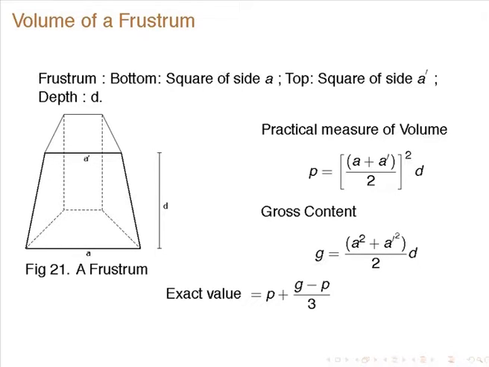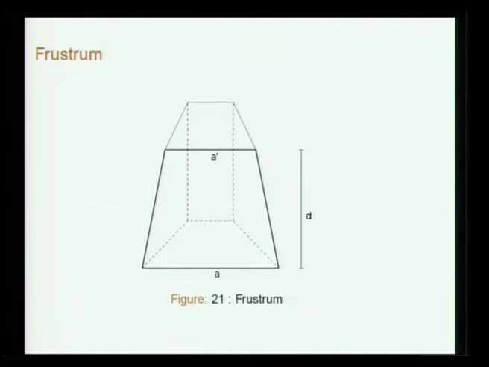Essentially you are averaging the sides, then taking the square and multiplying by the depth, whereas in the next you are averaging the areas, area of this is A squared, area of this is A prime squared, and multiplying by the depth. The exact value is supposed to be p plus (g minus p) by 3. That is the result he is giving. So this is the full figure for this.